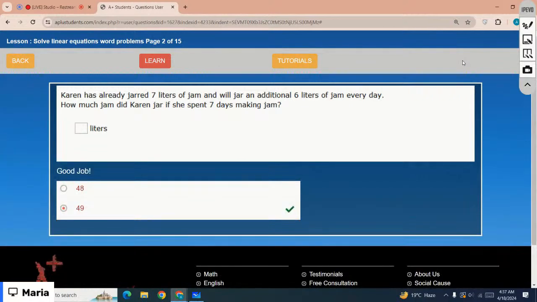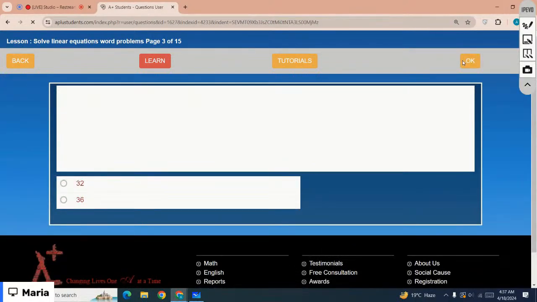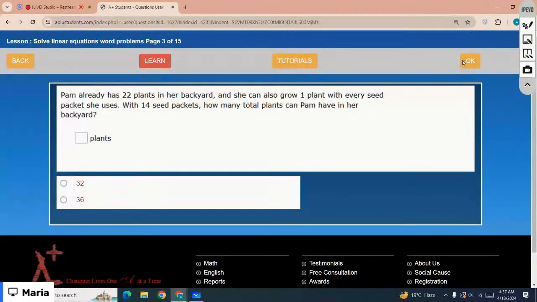Okay, the next one is: Pam already had 22 plants in her backyard and she can also grow one plant with every seed packet she uses. With 14 seed packets, how many total plants can Pam have in her backyard? So which is the correct option?